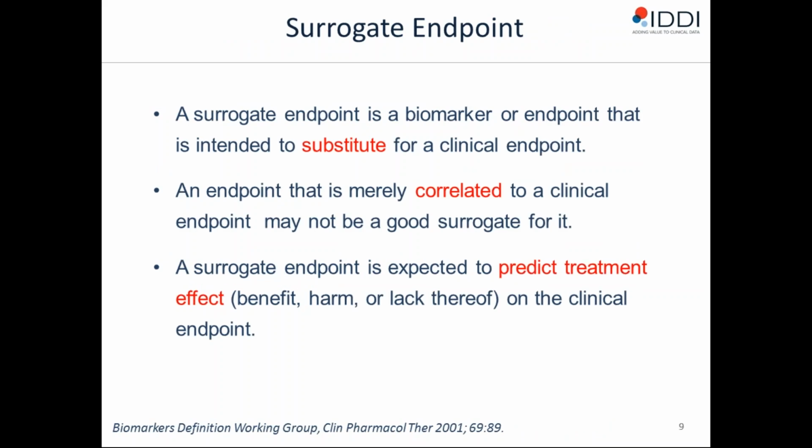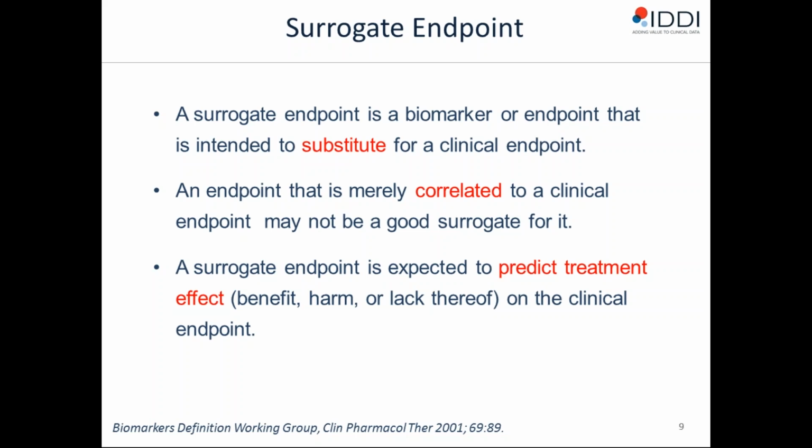So a surrogate endpoint, as you know, is a biomarker or endpoint that is intended to substitute for a clinical endpoint. And an endpoint that is merely correlated to a clinical endpoint may not necessarily be a good surrogate for it, and we'll see more of that later in this webinar.